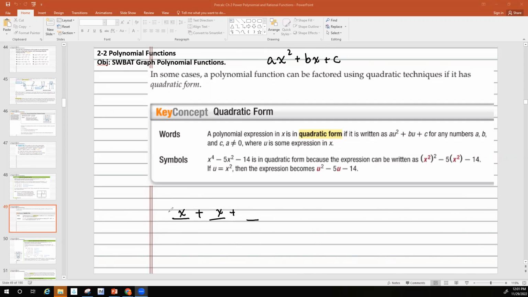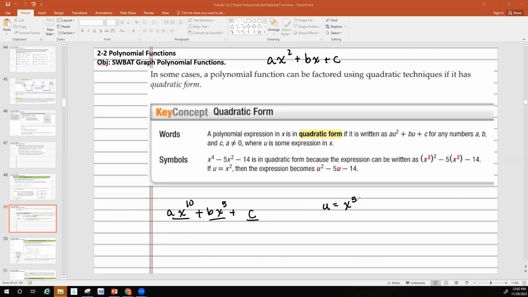It could be like a x to the, let's do 10th, plus b x to the 5th plus c. All right, and you're probably wondering, what do you mean? Because we can look at this like this. We can think of u as x to the 5th.